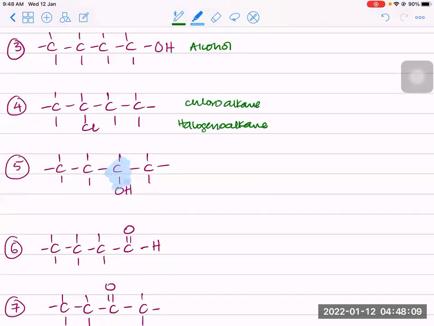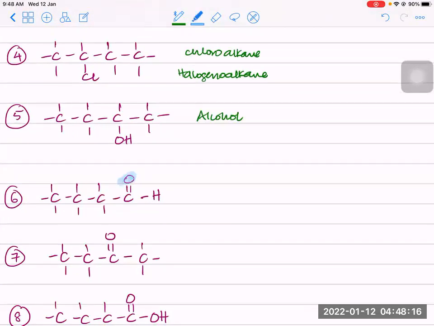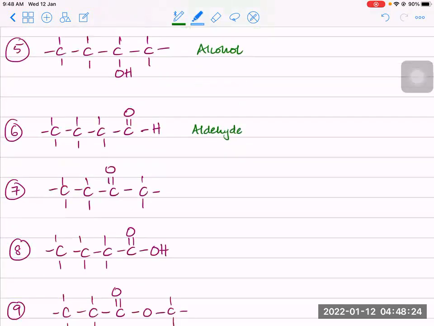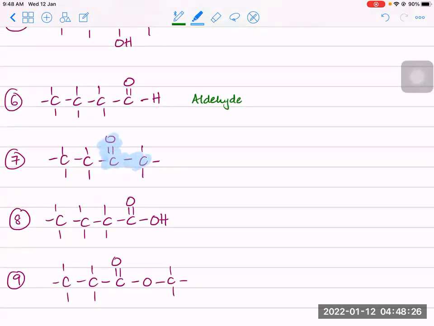We have again an alcohol. This right here is an alcohol. Then you have a carbonyl carbon with H on one side, carbon on the other. So this is what? An aldehyde. Then we have a carbonyl carbon with carbon on both sides. So this is what? A ketone. Then you have a C double bond O with an OH.